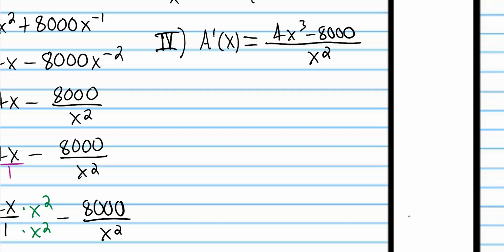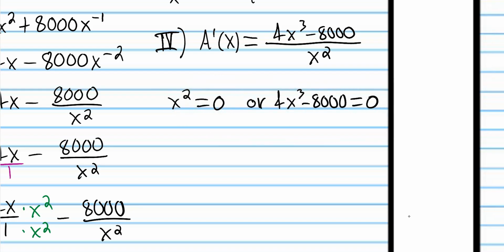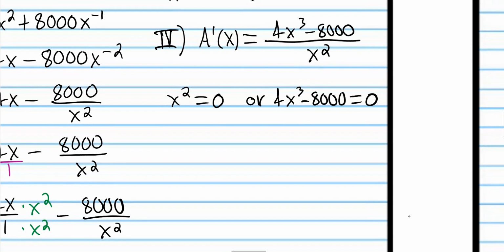The critical numbers are any x value that makes the derivative undefined or 0. So if the derivative is undefined, that means the denominator is 0. If the derivative is equal to 0, that means the numerator is 0 and the denominator is not 0. So we're going to see what we can find.